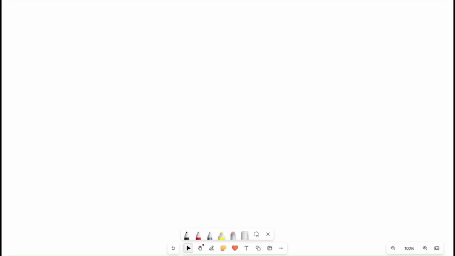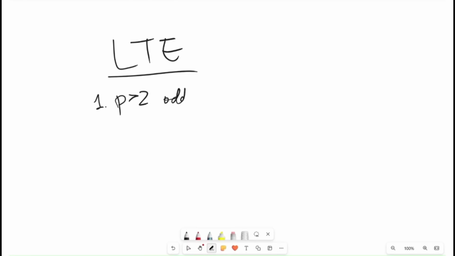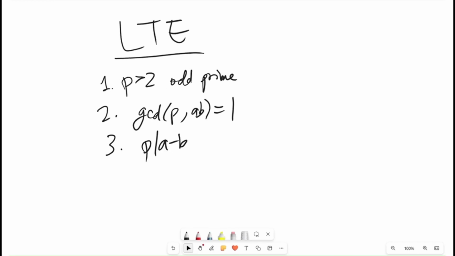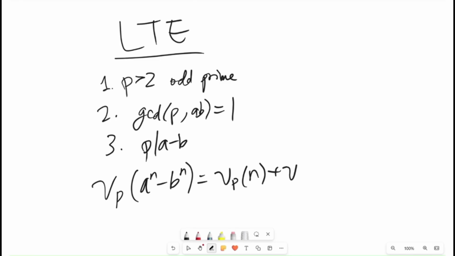It's called the lifting the exponent lemma, and it basically states that if you have an odd prime P greater than 2, and GCD of P and AB is equal to 1, which means that P is relatively prime to both A and B, and the third condition is P divides A minus B, then we have the equation VP of A to the N minus B to the N is equal to VP of N plus VP of A minus B.